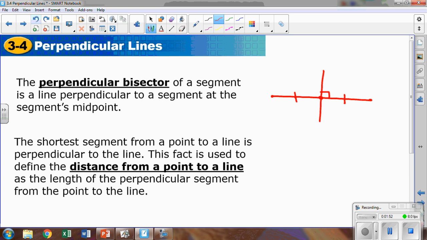And of course, the reason that we care so much about perpendicular is that the distance from any point is straight at it. If you're going to say, for instance, just from me to you, Ryan, how far away am I from you?